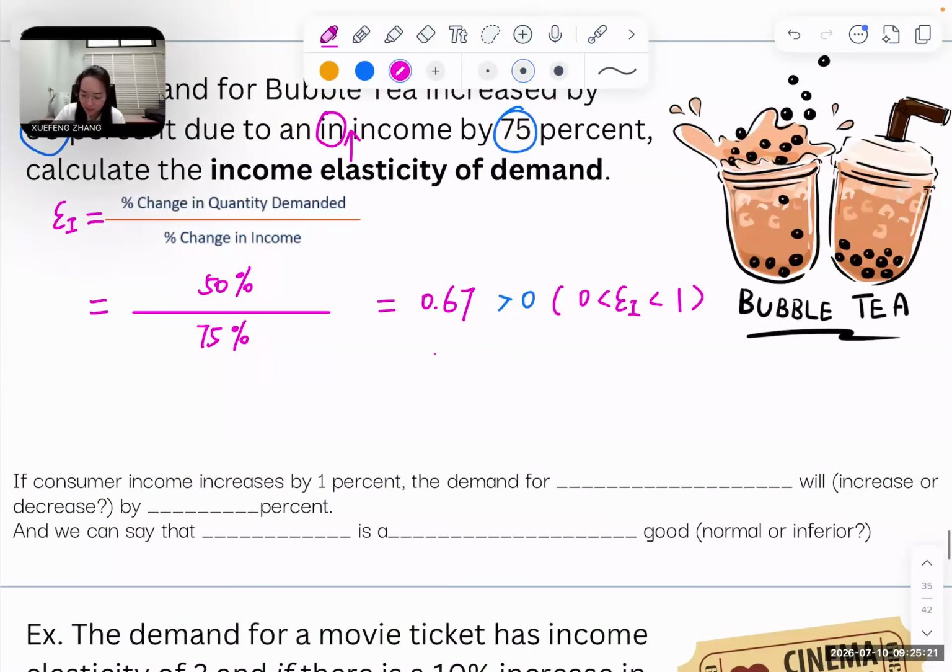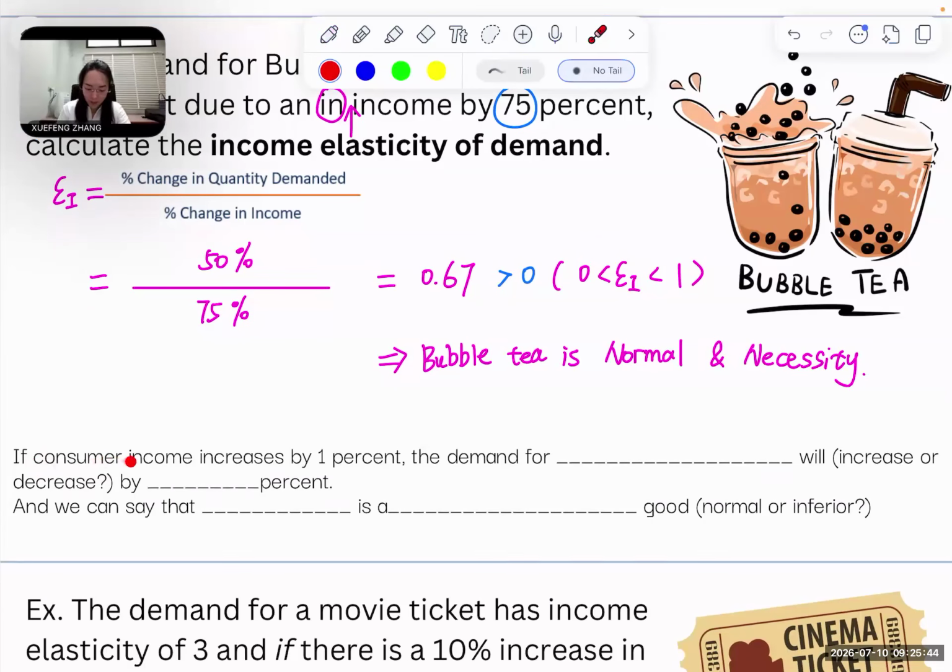Okay, so let's fill in the blanks. If consumer income increases by 1%, the demand for bubble tea will increase, right?